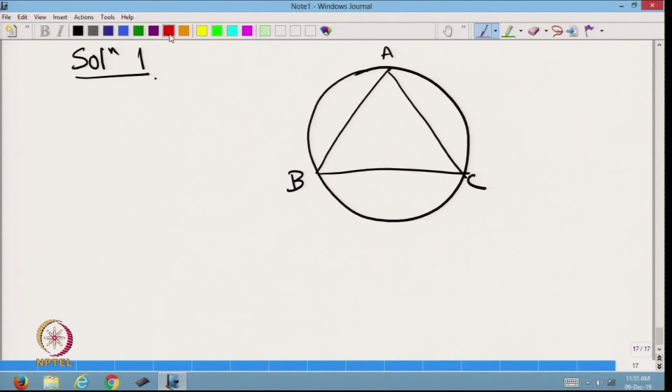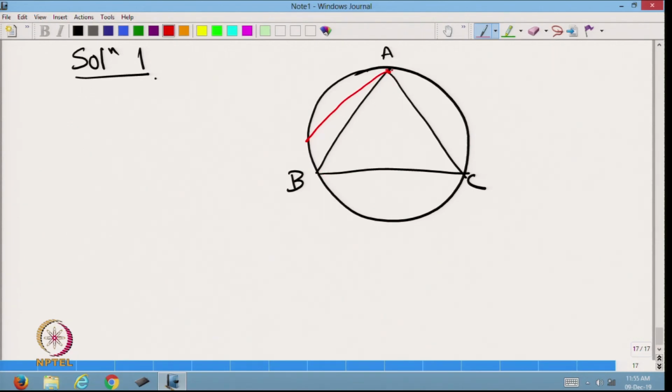It is obvious that suppose we assume one end of the chord is at a point A, then if the other end of the chord is in the arc A to B, then we can see that the length of this chord is less than this side.